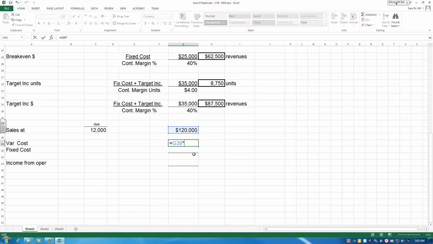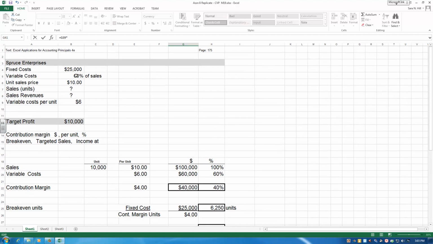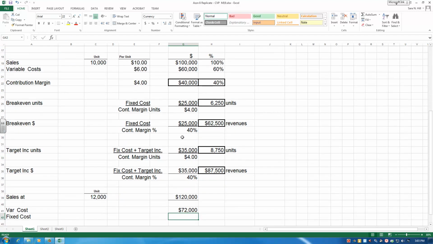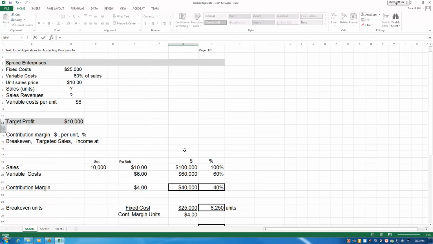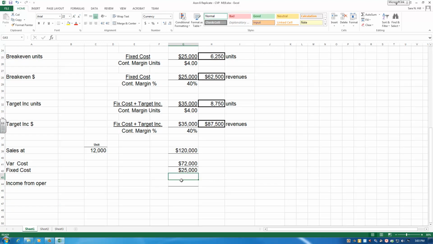Actually, let's go ahead and grab the cell up above. And then we also know what our fixed costs are, the 25,000. So now I can just simply take my revenues, subtract out my variable costs, subtract out my fixed costs. And in the scenario where I sold 12,000 units, my profit from operations would be 23,000.